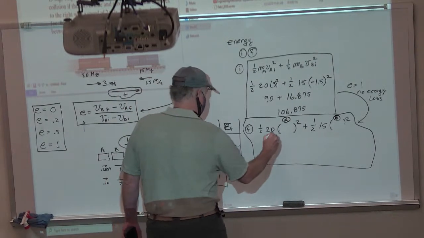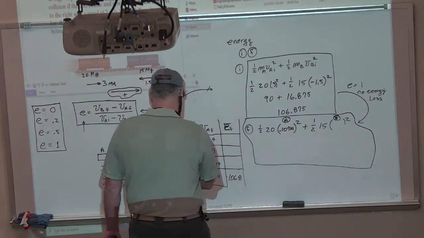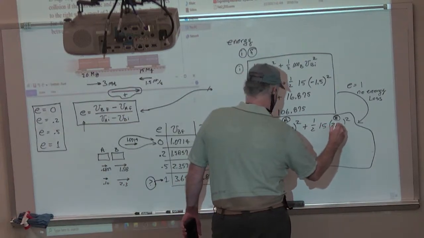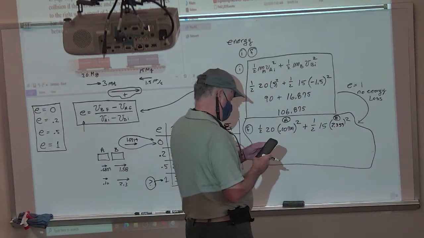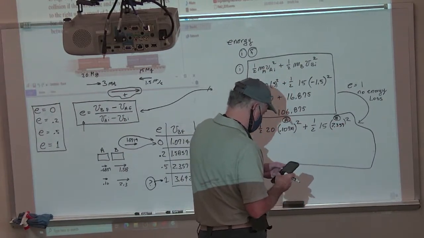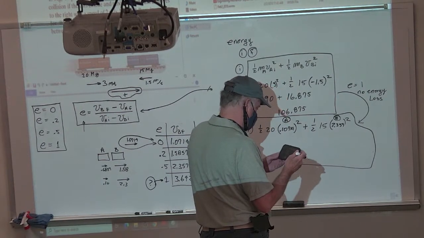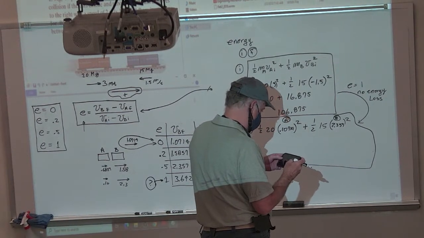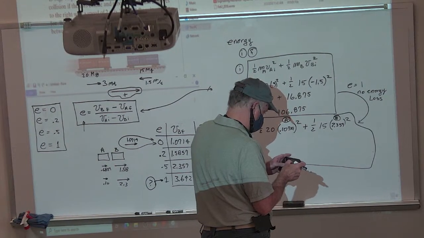So look at A, 0.10714. Look at B, 2.357. 2.357 squared times 7.5.